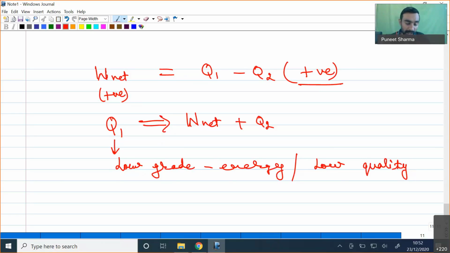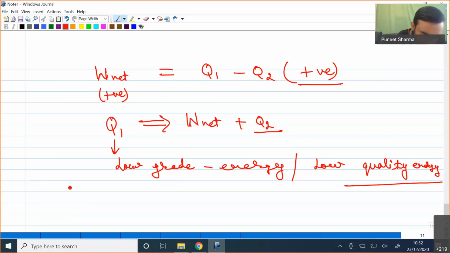Because we cannot convert the heat we supply to the system into a complete amount of work in a cyclic manner, we have to reject some Q2 amount of heat. This statement becomes the basis for the second law of thermodynamics, which we'll subsequently see.